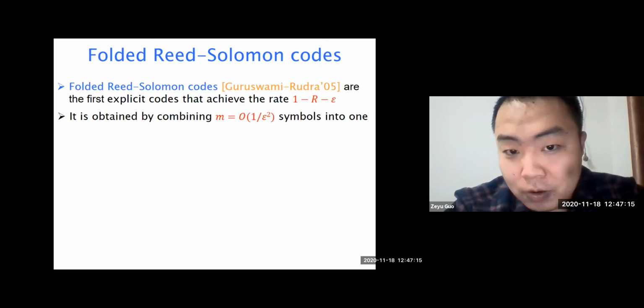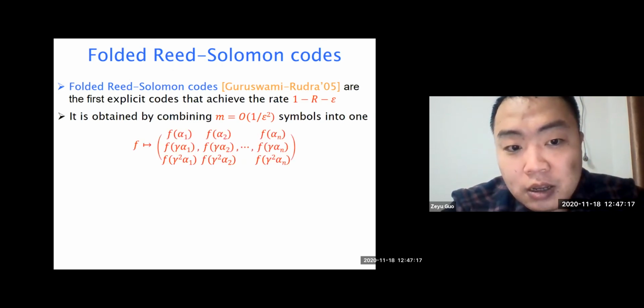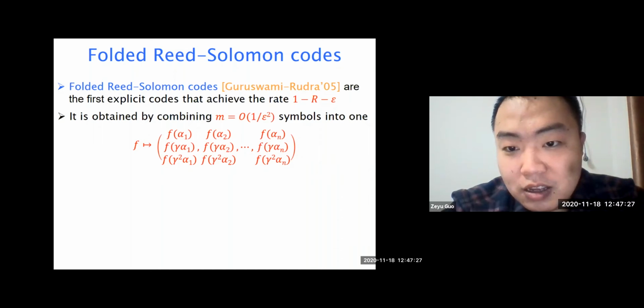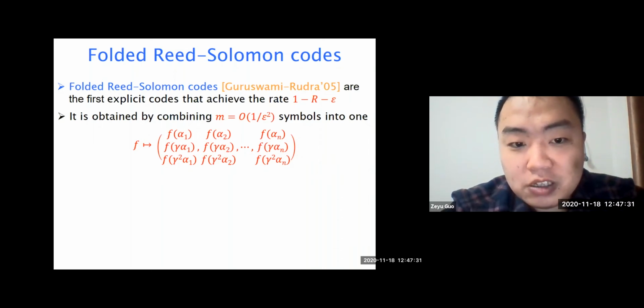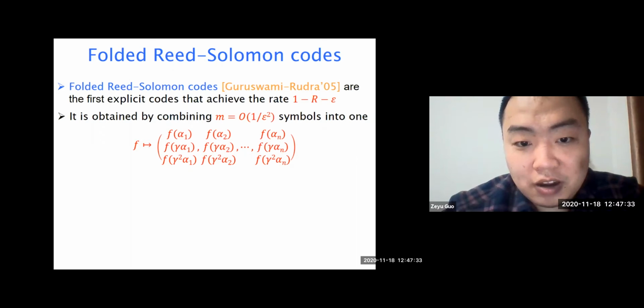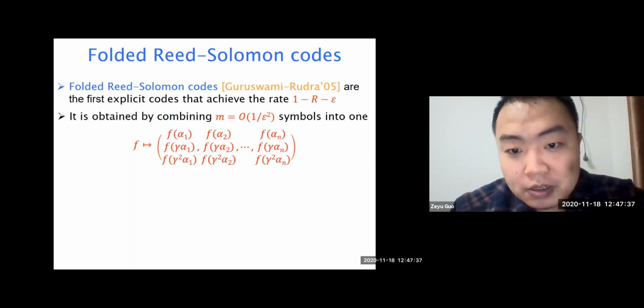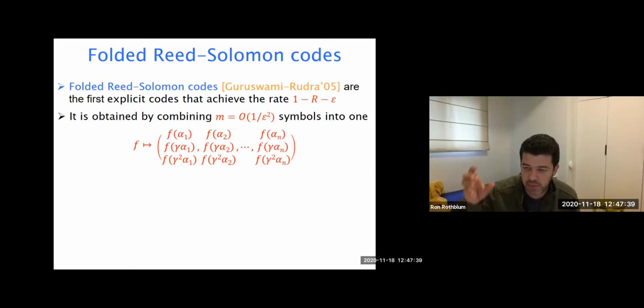This is an example where m equals 3. It maps f to this codeword where each column is a new symbol. You can think of it as 3n evaluations, and you combine every 3 evaluations into one symbol. Here gamma is a generator of the multiplicative group. So each column is one symbol, yeah.